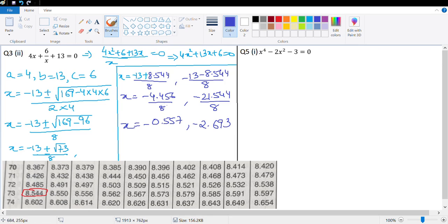Yes, that's correct. This is the final answer. Have they asked us to give it to only some decimal places?